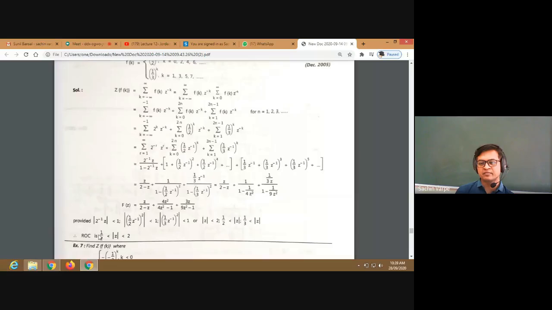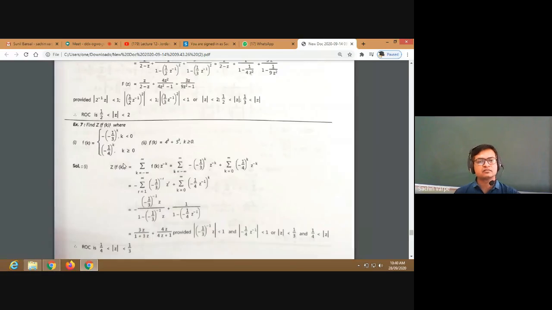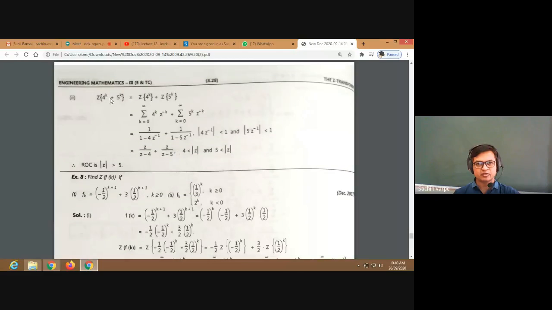Actually, the same phenomenon we are going to use while discussing the inverse Z transform. So you should know how to consider the combined Z transforms and how to treat the given f of z inversely according to the given ROC. This is again a similar example, similar question, I am not going to repeat.